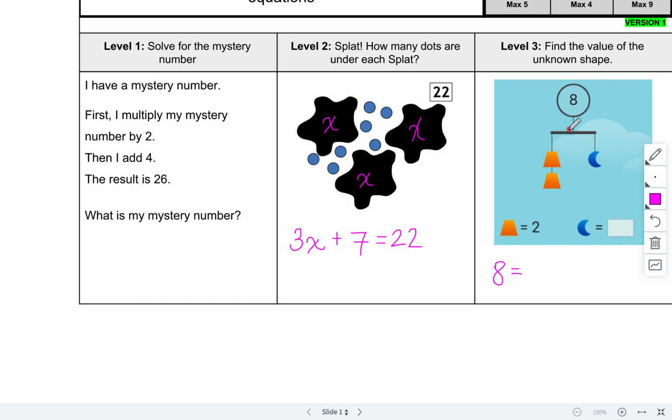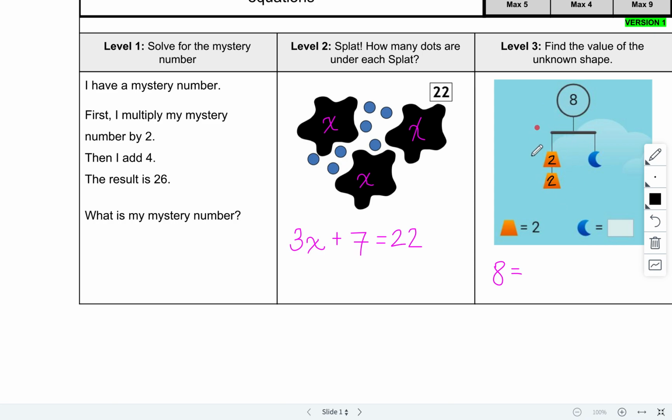On this whole system, we have these orange blocks and we have a moon. They don't tell us how much a moon weighs, but it does tell us how much these orange blocks weigh, and it says that 1 orange block is worth 2, let's say, pounds, for example.